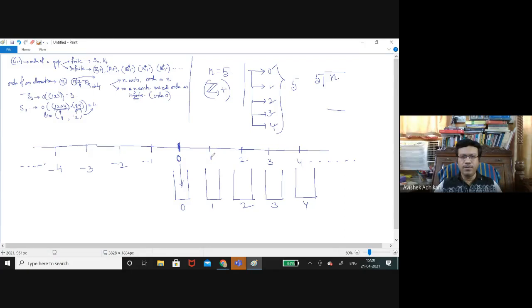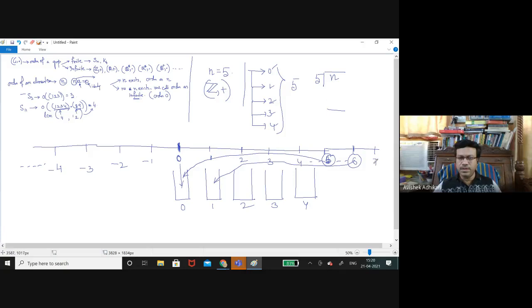Similarly, if I have 1 and I divide it by 5, the remainder will be 1, and then I put it in this bucket. For example, I have 5. If I divide 5 by 5 and consider the remainder, then 5 will go inside this bucket, because here the remainder is 0. Similarly, if I have 6, then 6 will certainly come to this bucket.